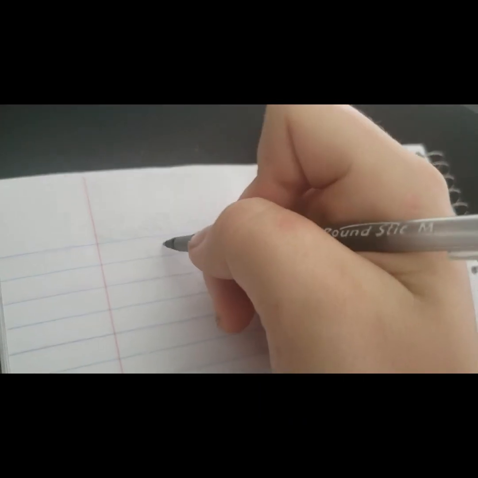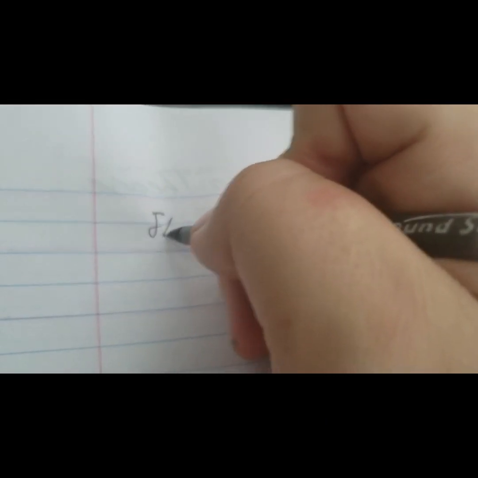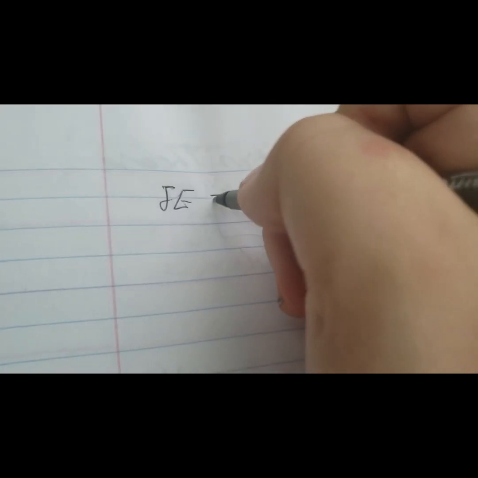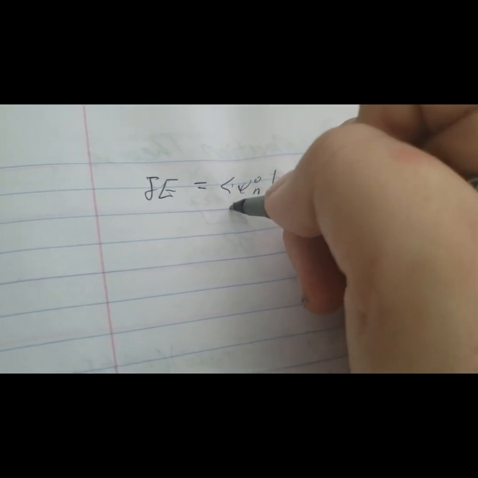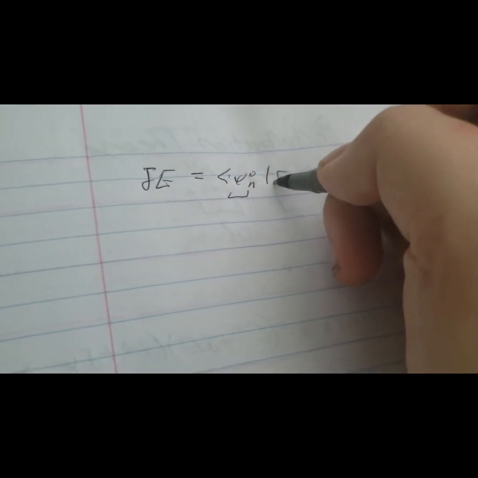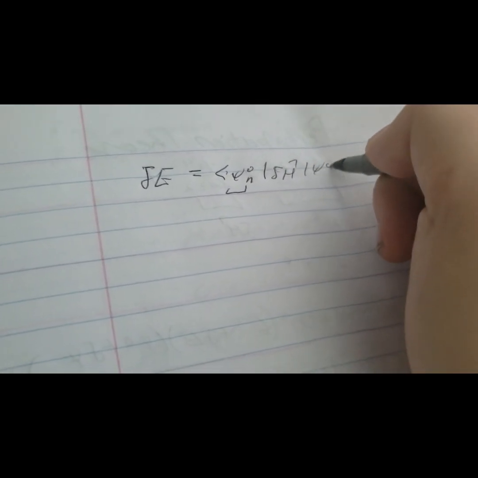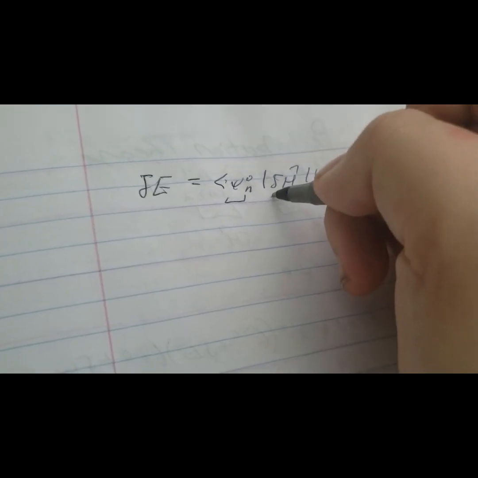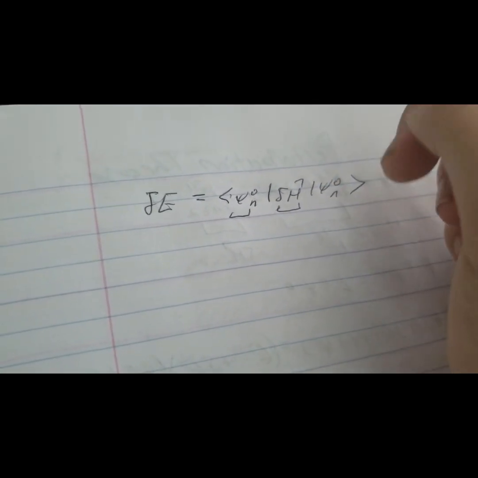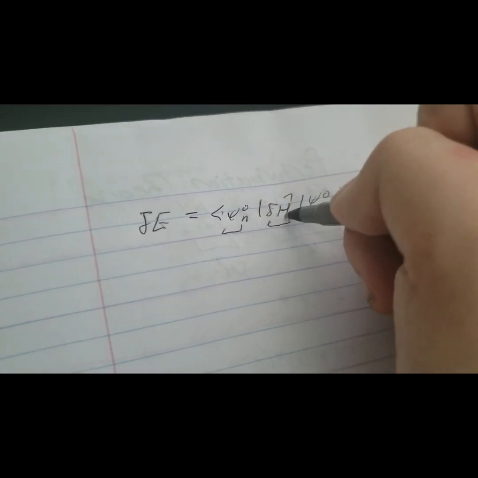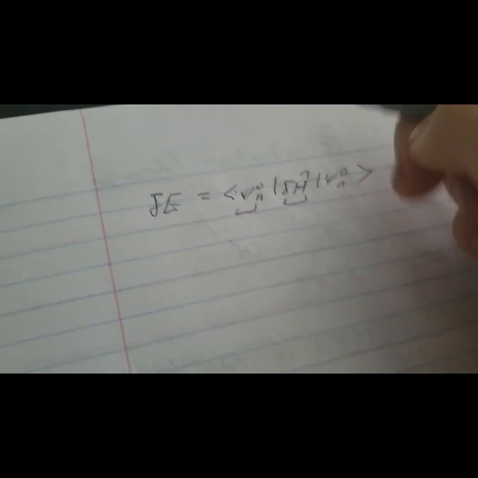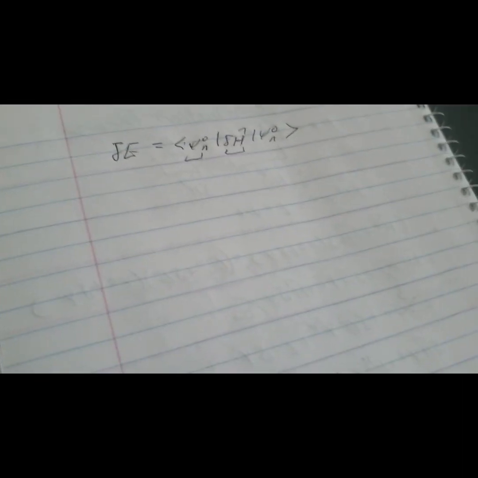our energy perturbation to first order approximation. So our unperturbed wave function with an inner product with our Hamiltonian perturbation sandwiched in between them. Basically an expectation value, in a sense.